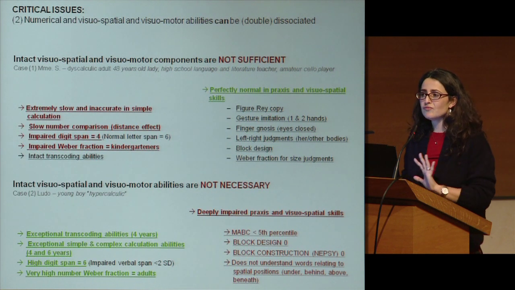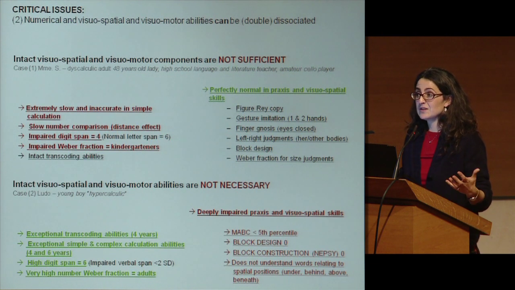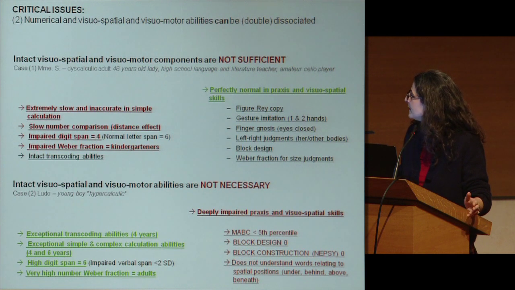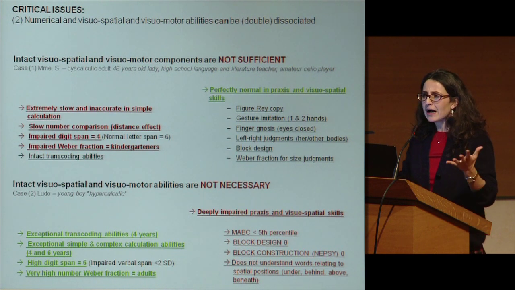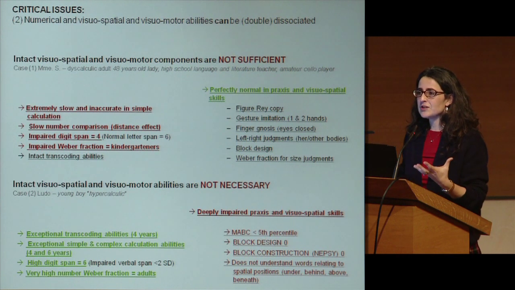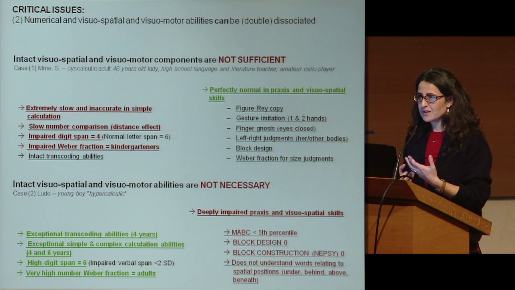Block construction is really, really impaired in visuopraxic and visuospatial tasks. As a matter of fact, he doesn't even understand words that relate to spatial position, for example, words like under, behind, above, beneath. So how do we explain the fact that exceptional calculation ability can be achieved even in the absence or in the deep impairment of visuospatial and visuomotor capacities?